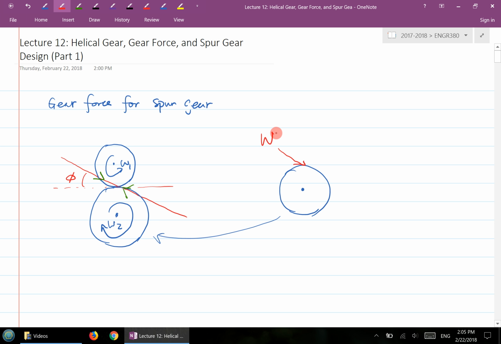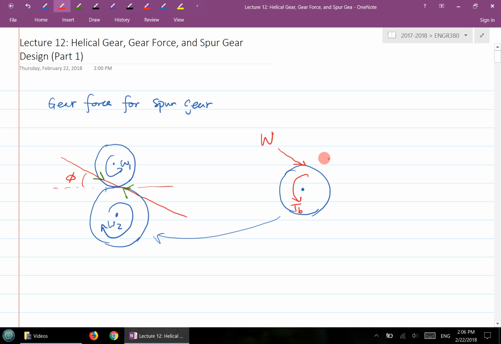Let's call this W. That's the amount of force applied from the pinion side to the gear. And then the gear itself will be driven by the shaft, and there's a torque. Let's call this T_B here.